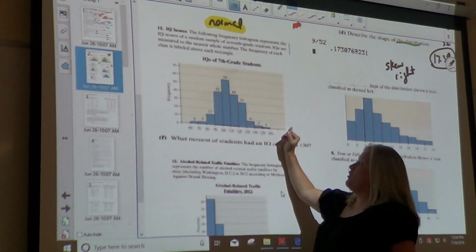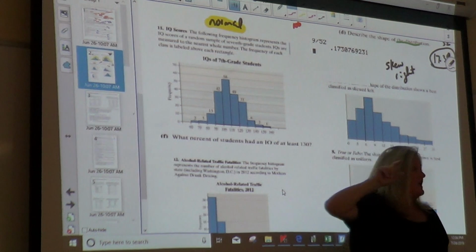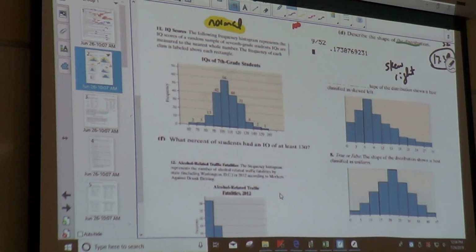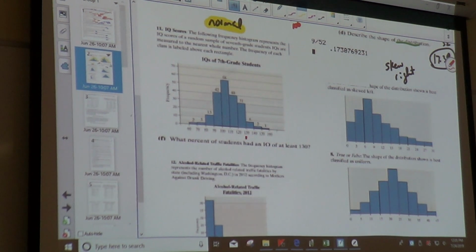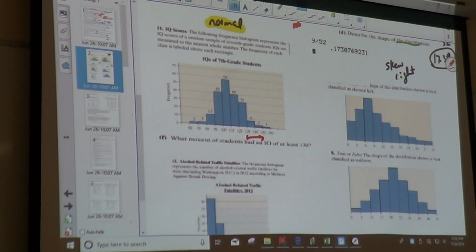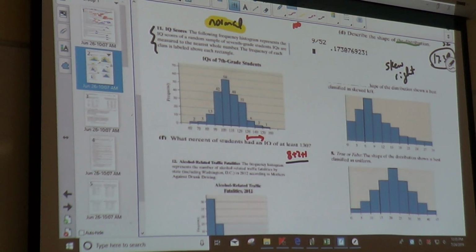So 130 or more, so I'm gonna be using the 8, the 2, and the 1. And for percentage, it's gonna be that over the total. So it's gonna be 8 plus 2 plus 1 over, and I glance up here and I'm sad because it doesn't give me the total.